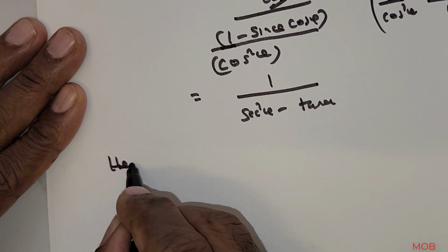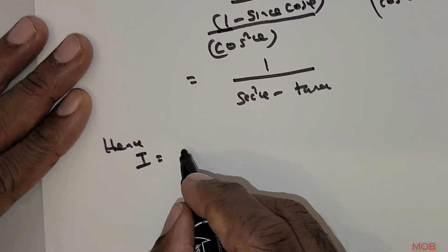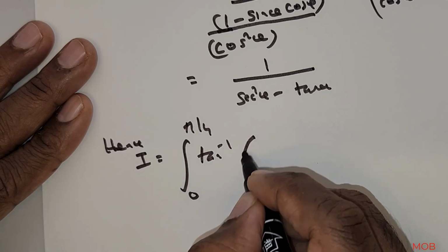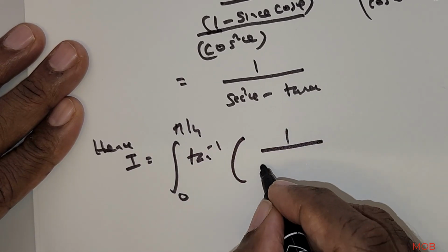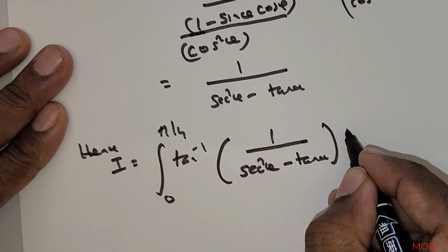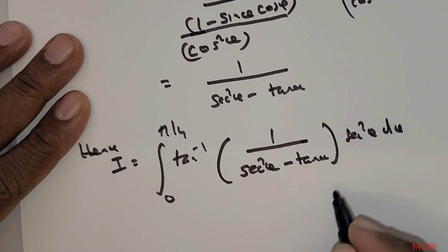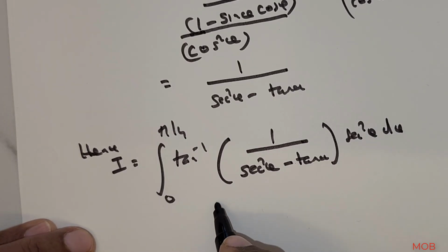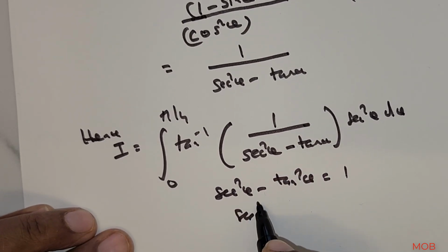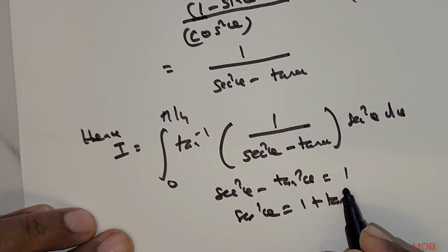So hence, I is equal to integral 0 to pi over 4 of tan inverse of 1 over secant square theta minus tan theta, times secant square theta d theta. Now I know a formula: secant squared minus tan squared is equal to 1, so secant squared is equal to 1 plus tan squared.